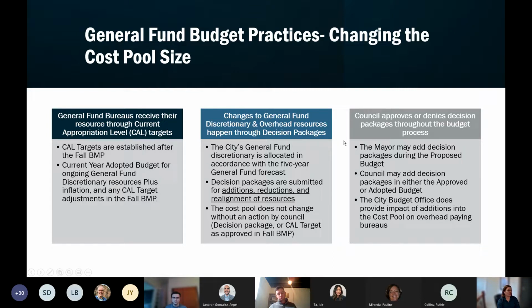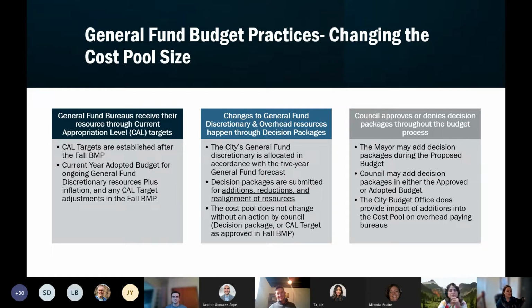So changes to both of these, if it's after the CalTarget, if it is an increase or a decrease, generally follow through a decision package format through the life cycle of the city's budget process. The cost pool doesn't change without an action by council, so a decision package or a CalTarget adjustment.